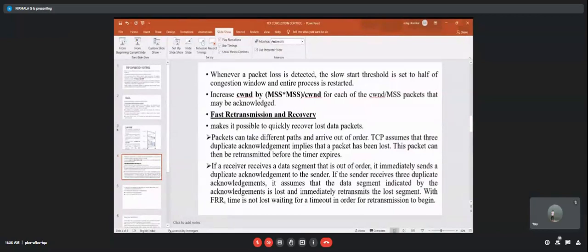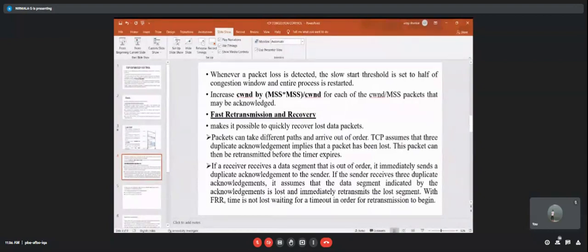Okay, so what is this fast retransmission and recovery process? If any data arrives out of order, this is also one of the congestion control mechanisms. When the data is received out of order, the receiver sends a duplicate acknowledgement to the sender. Whenever three duplicate acknowledgements are received for the segment being transmitted, it indicates that there is congestion, or the congestion is nothing but the packet loss.